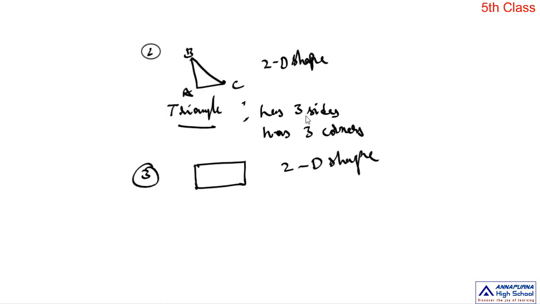Here, 1, 2, 3, 4, this is made up of 4 line segments. According to its shape, it is a rectangle. Why? Because opposite sides are the same in length. This side is equal to this one, and this side is equal to this one. Therefore, it is called a rectangle.